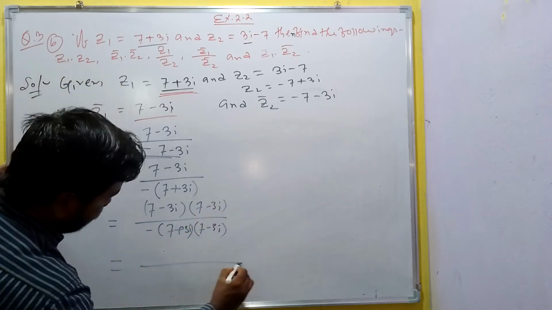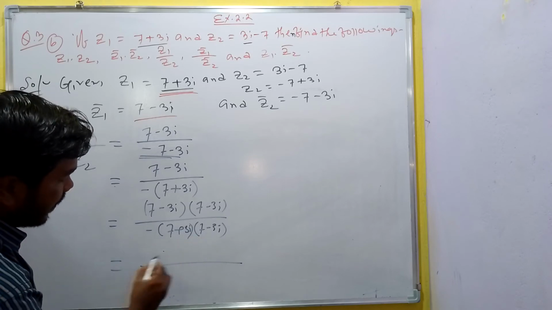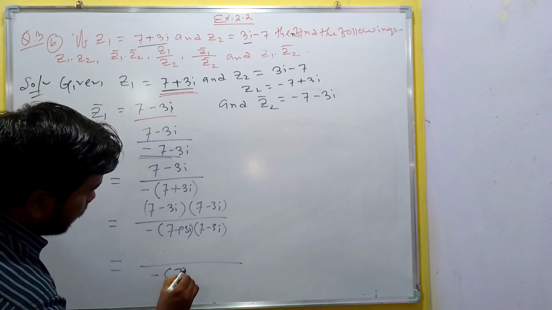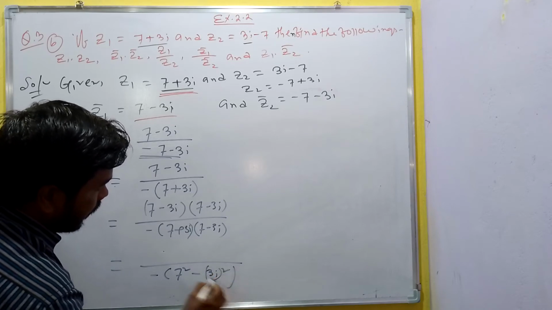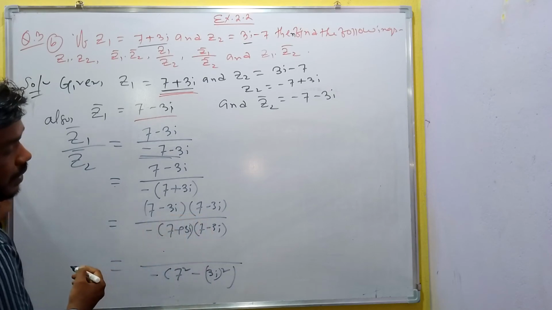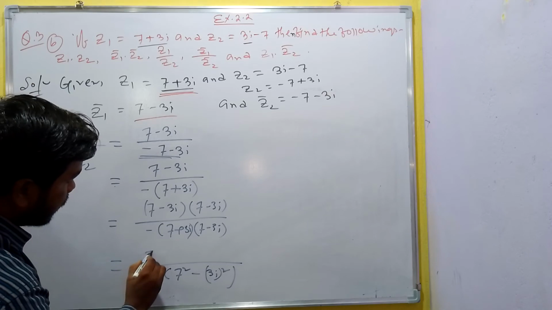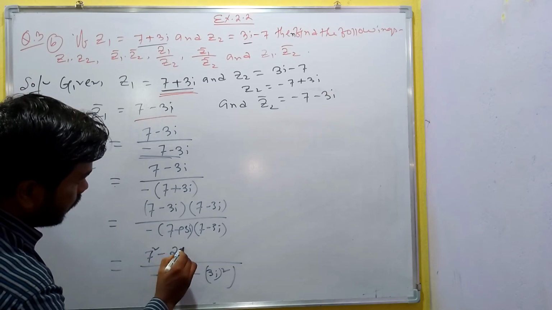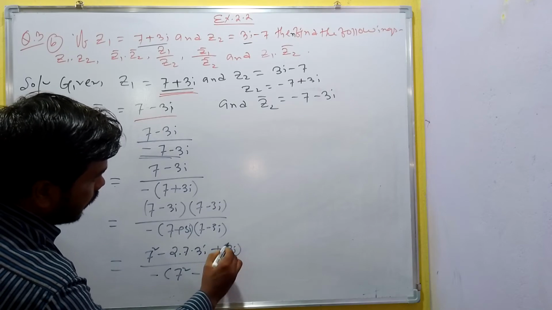Now this one is a plus b into a minus b, so we can write a square minus b square, so minus 7 square minus 3i whole square. Then this one, a minus b into a minus b, we can write the a minus b whole square formula: 7 square minus 2 into 7 into 3i plus 3i whole square.